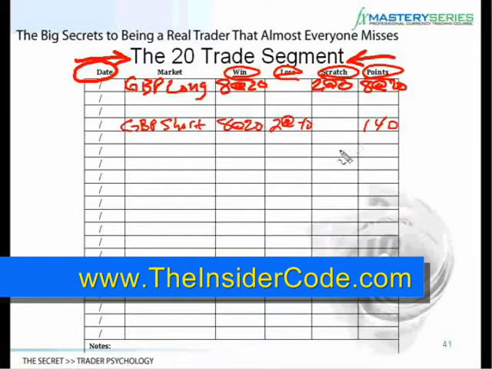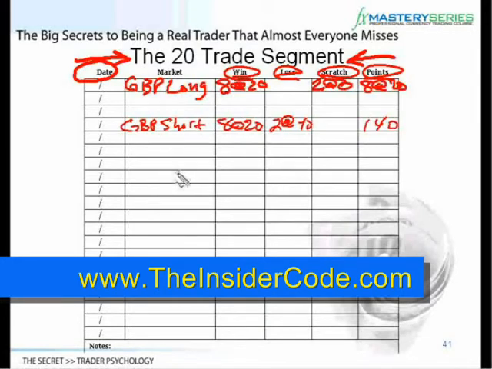The reason why I use a written copy is during the day what I don't want to have to worry about is typing something into a spreadsheet. I want to be able to keep my computer screen as clean as possible. All I want to see is my chart and my broker screen. I don't want to worry about a bunch of mess.